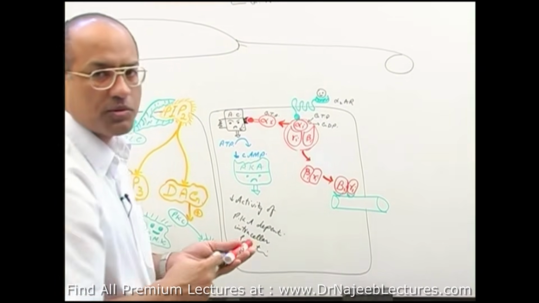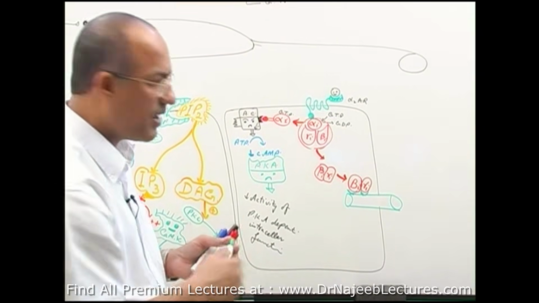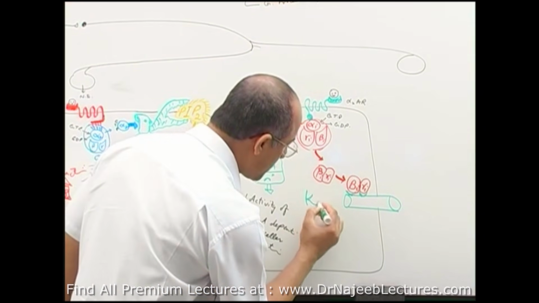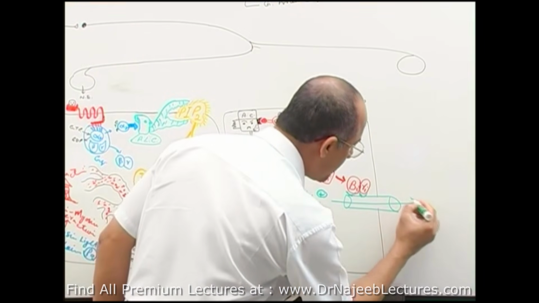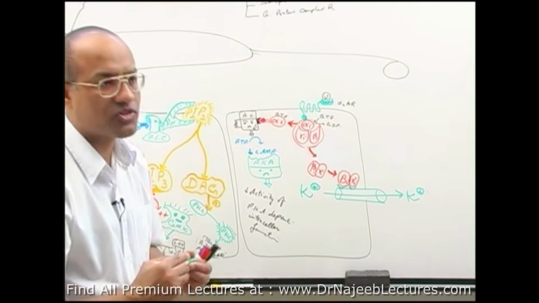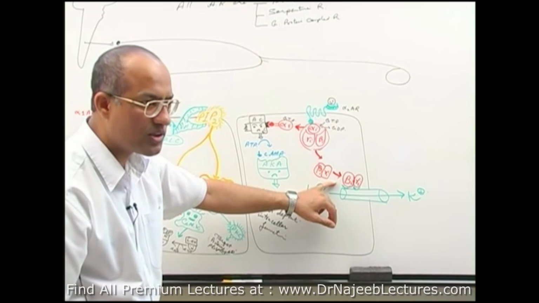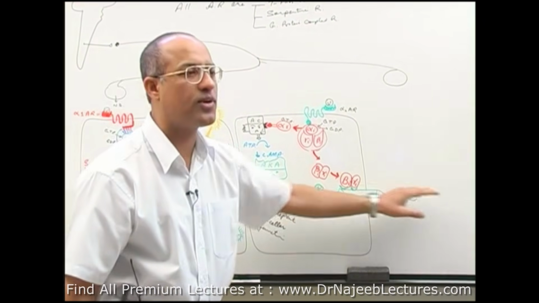And as you know, the potassium concentration intracellularly is high. So naturally potassium will start moving from the intracellular compartment to the extracellular compartment. So what really happened, the beta gamma unit of G inhibitory increases potassium efflux.